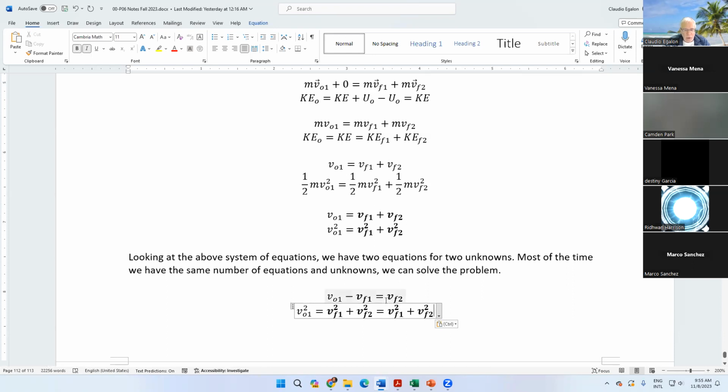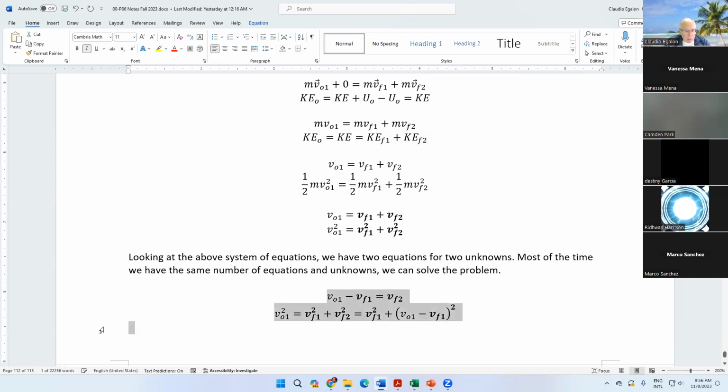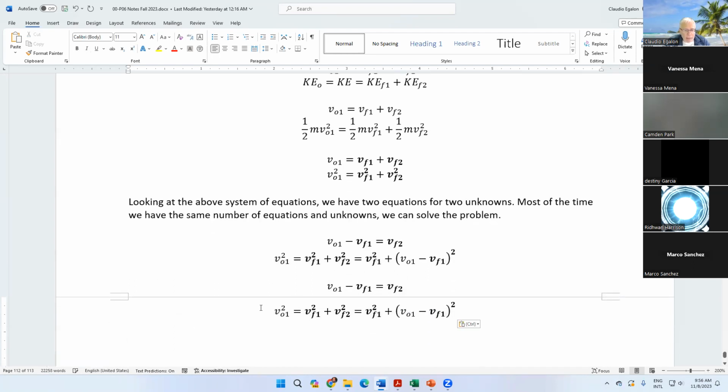I'm going to write down VF2 in terms of VF1, and then substitute this value right in here, right? That's how you do it. The substitution of variables, the method of substitution of variables. When we do something like that, we reduce our problem to a problem having one equation with a single unknown. See that? What happened? It's like magic, right?